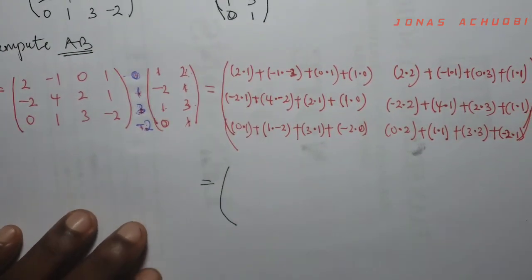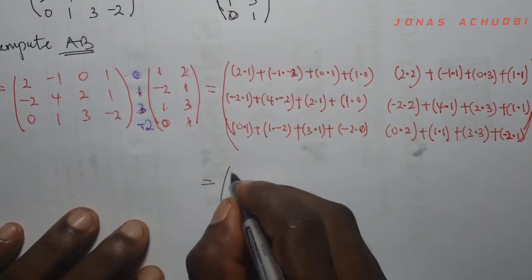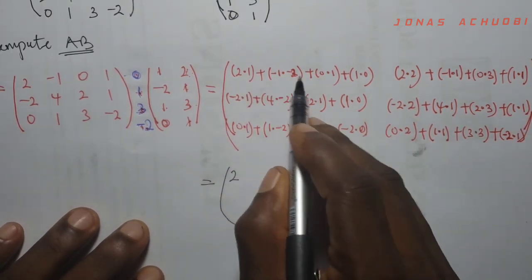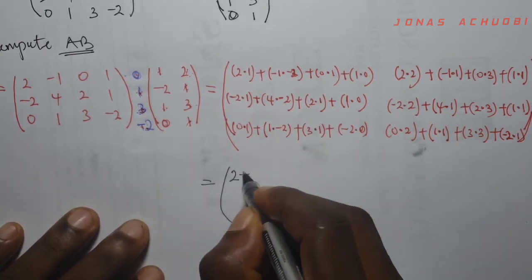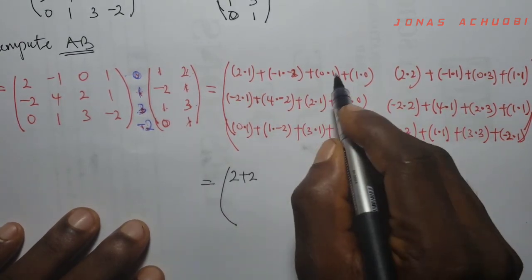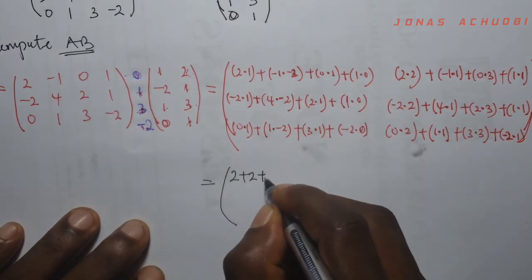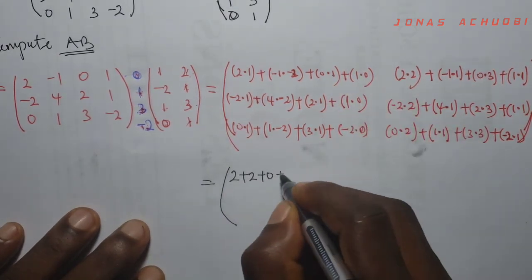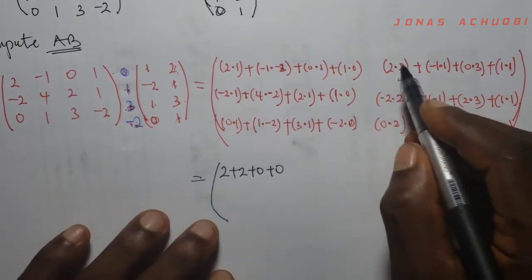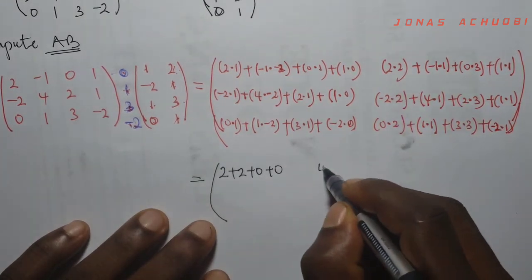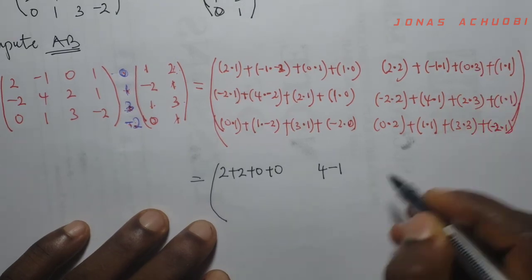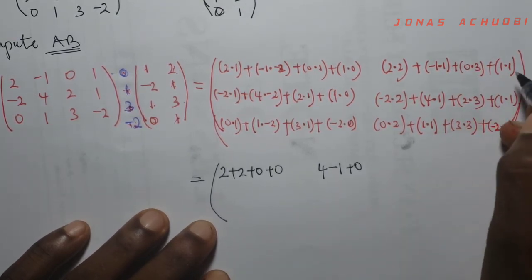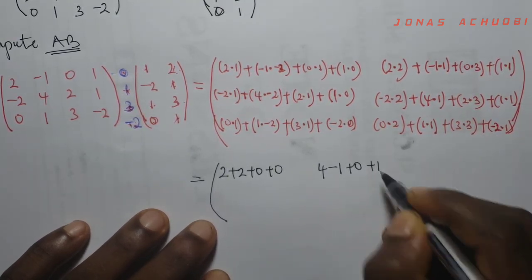Let's see. So 2 times 1 is 2. Minus 1 times minus 2 is 2, so that is plus 2. 0 times 1 is 0 plus 0. 1 times 0 is 0 plus 0. 2 times 2 is 4. Minus 1 times 1 is minus 1. 0 times 3 is plus 0. 1 times 1 is plus 1.